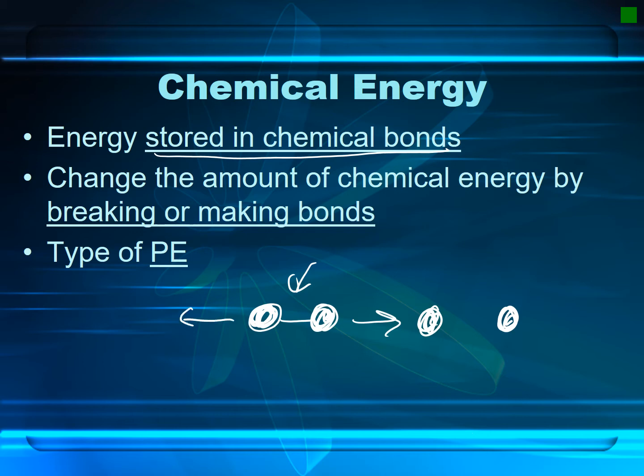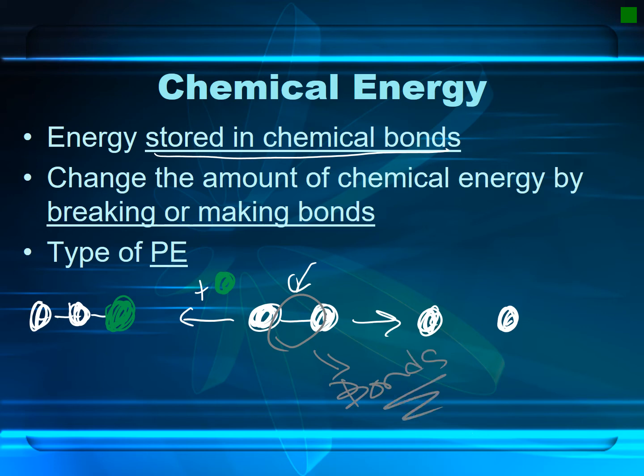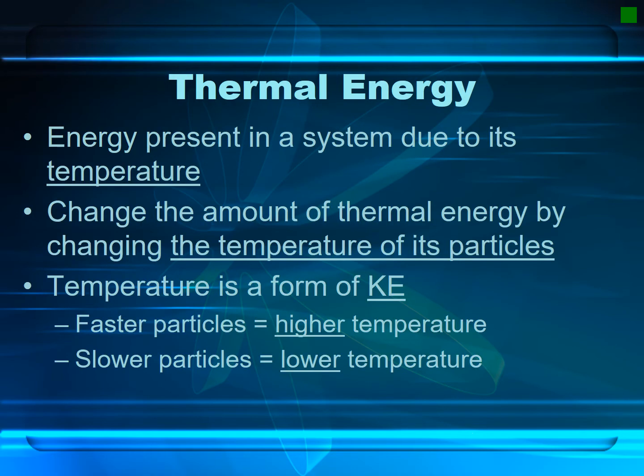If I add another atom, and now I get something like this, bonded to this, bonded to this, this would also change its chemical energy. If I am ever changing these bonds, by either getting more or taking away, I am changing its chemical energy. This is a type of potential energy.